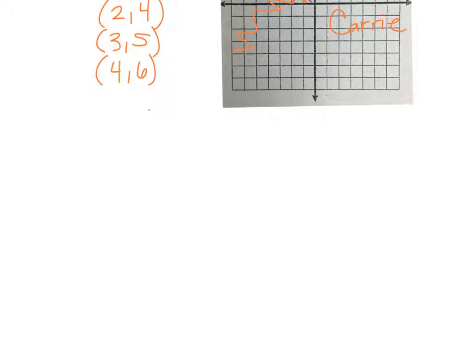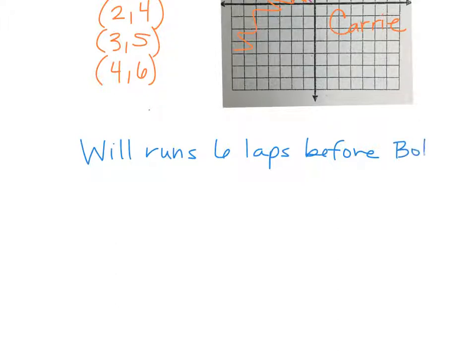Here's the problem. Will runs 6 laps before Bob joins him. Then they run together.